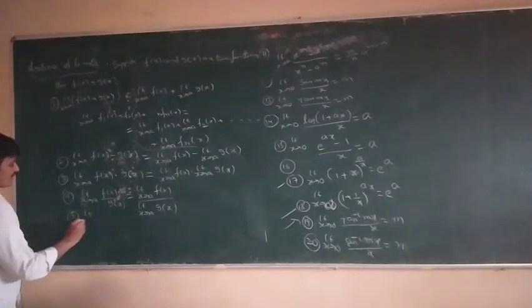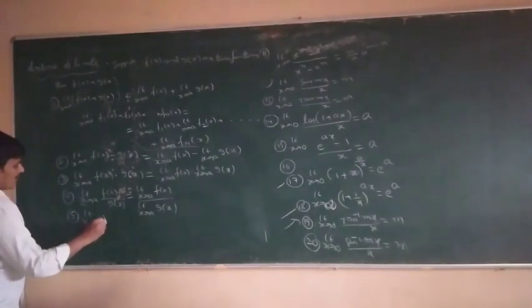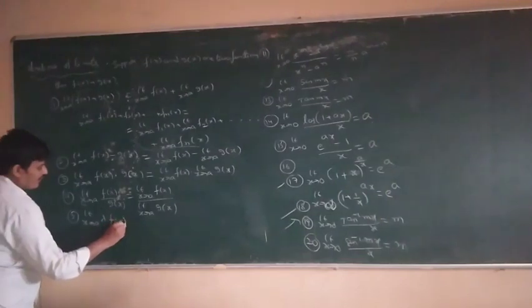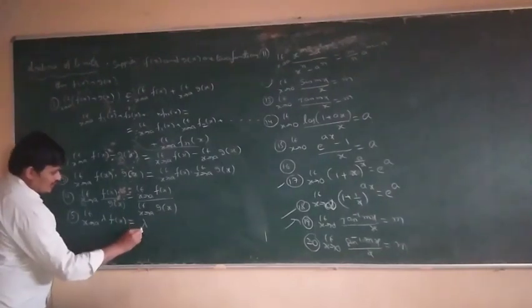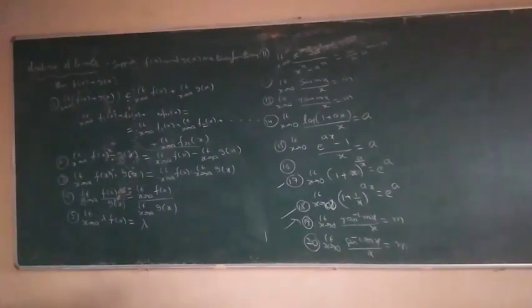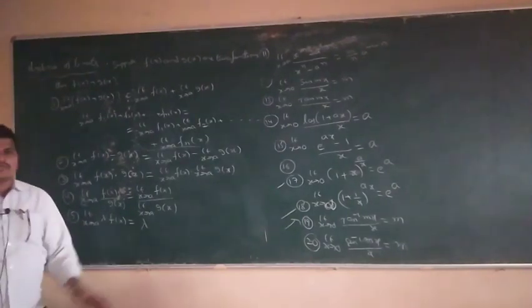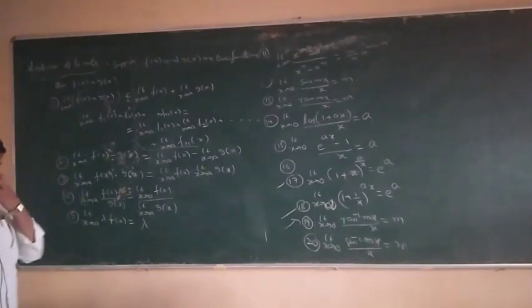Next, another one. Limit x tends to a lambda into f of x. Limit of constant is equal to constant. Limit of 10, x tends to any, limit x tends to 10 is 10. Limit of constant is equal to constant.